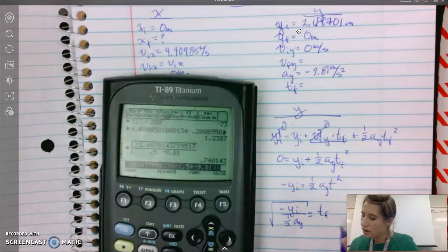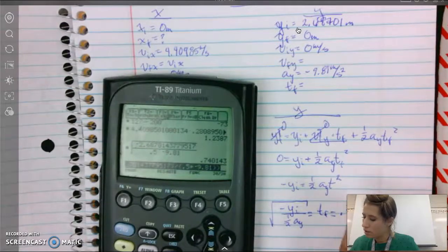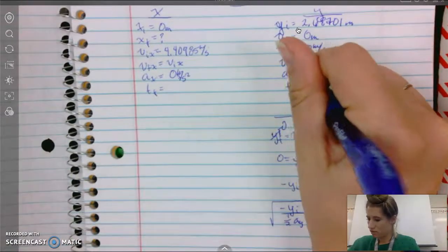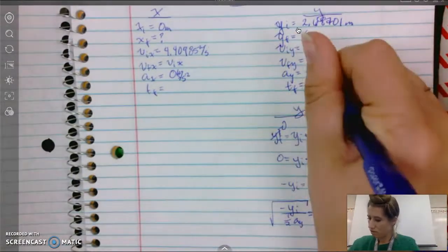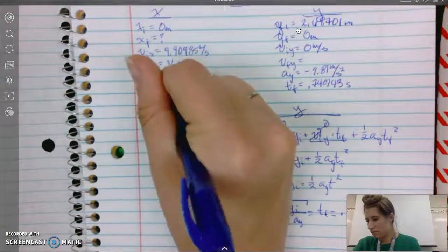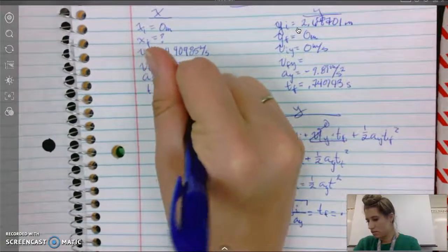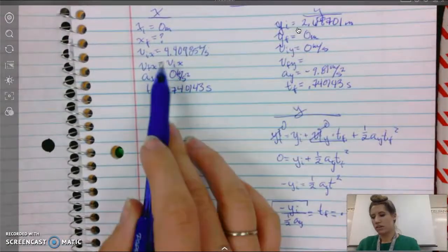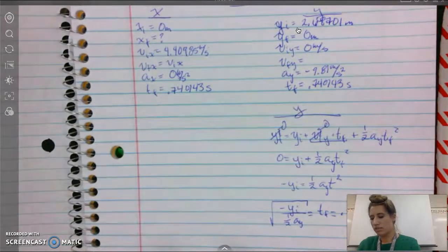So I'm getting a time final of 0.740143. That can go over here as well. And now I have enough information to solve for the x final.